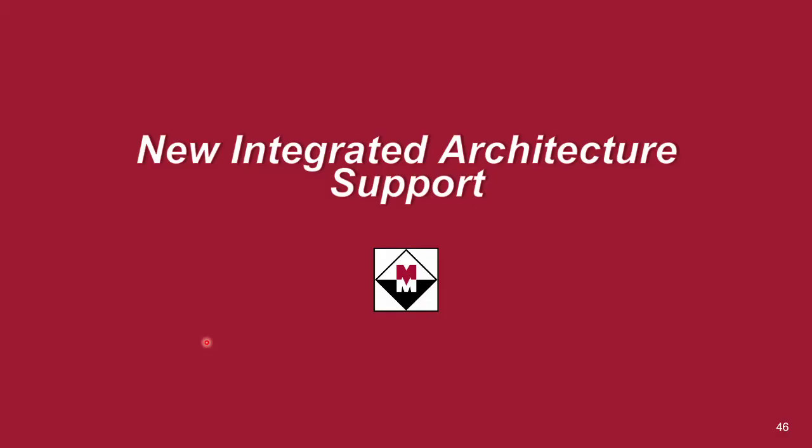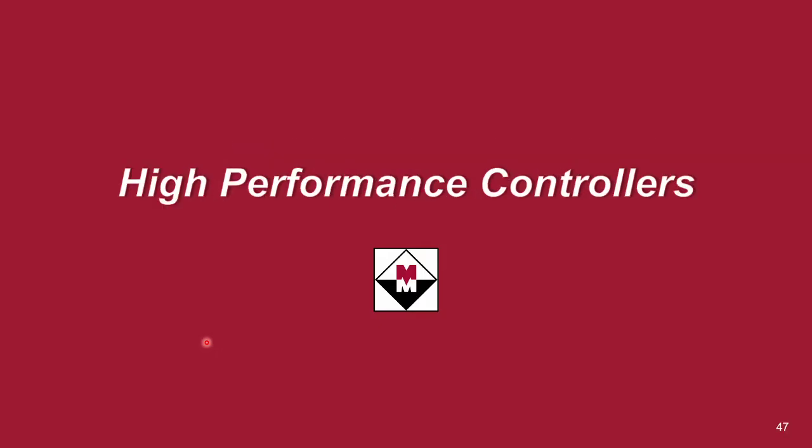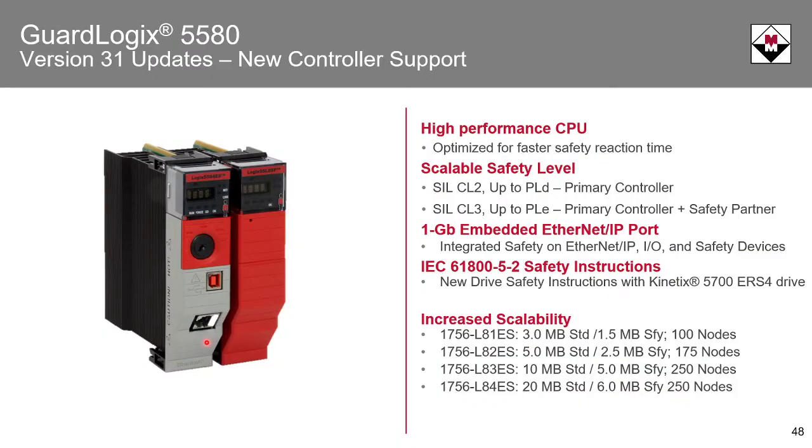So with 31 and 32, or around the same time, we have some new integrated architecture support. So we'll focus first on the high performance controllers. Like I mentioned, they've been out since about version 28, 29, depending on the controller. With version 31, they came out with the GuardLogix 5580 controller.